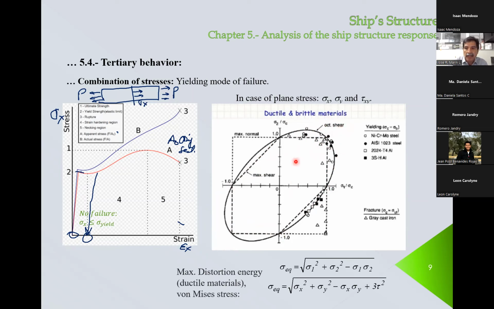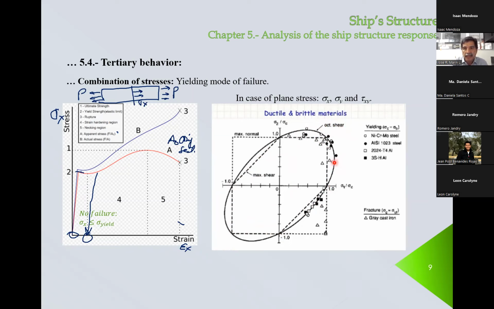In this case, you have this figure here. See that all of these points are just on the border. That means that this is quite an applicable theory to judge the maximum allowable stress in the case of ductile materials.